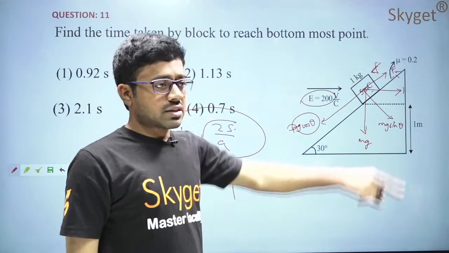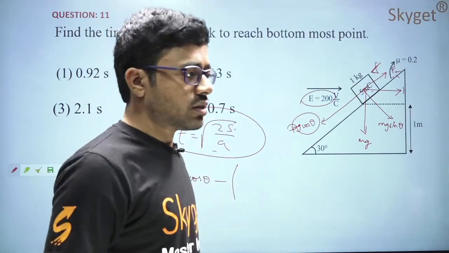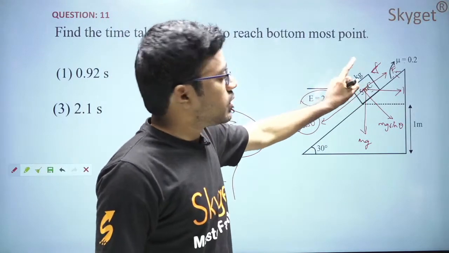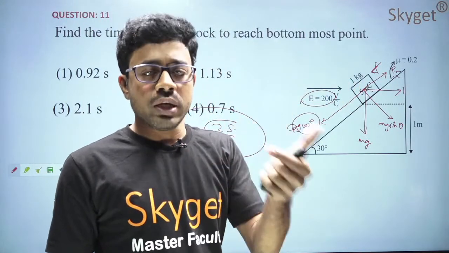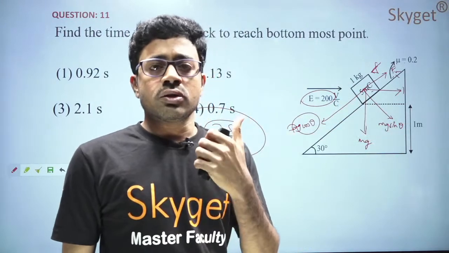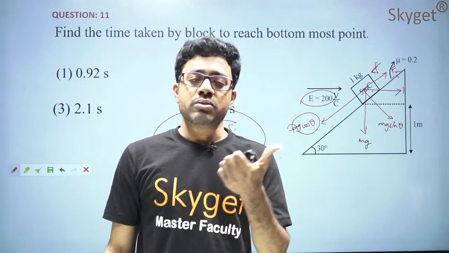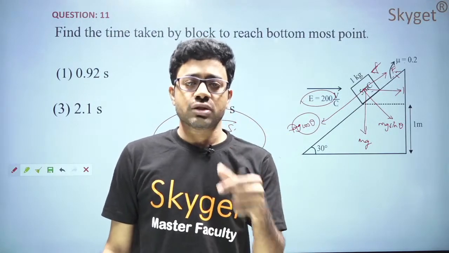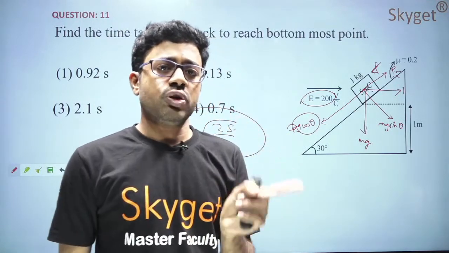So one acceleration is caused by the frictional force. As you know, F is equal to mu N. Here N is mg sin theta, so the frictional force F is equal to mu mg sin theta. As you want only the acceleration caused by the frictional force, it is mu g sin theta.